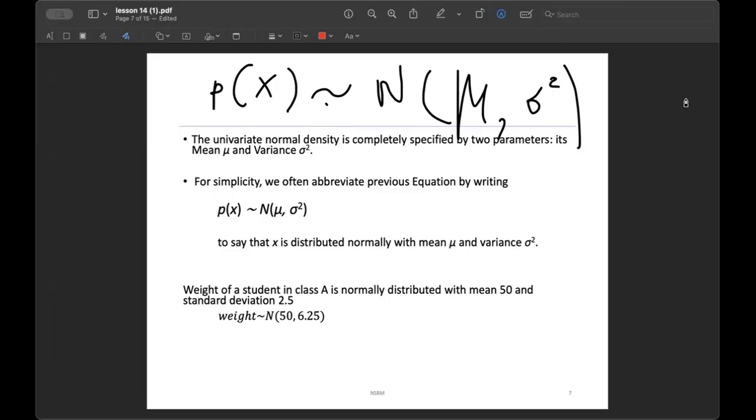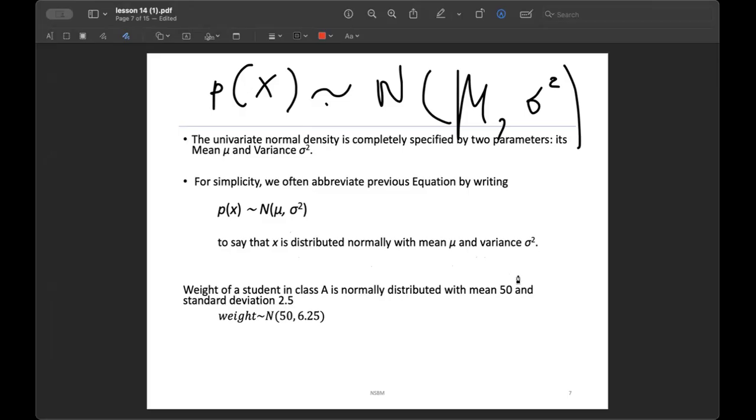For simplicity, we often abbreviate the previous equations by writing that x follows a normal distribution with mean mu and variance sigma squared, to say that x is distributed normally with mean mu and variance sigma squared.